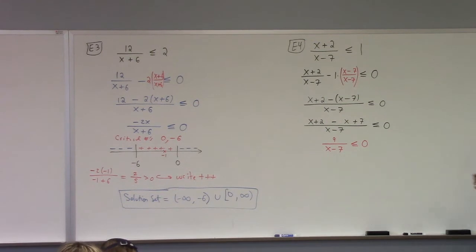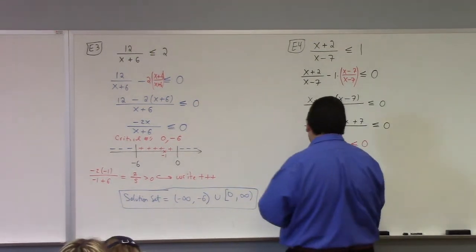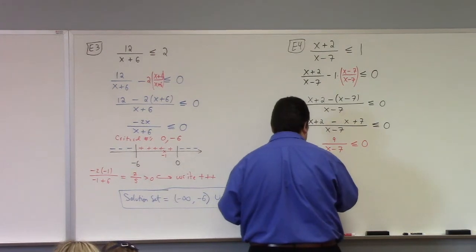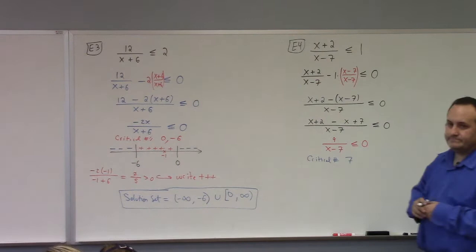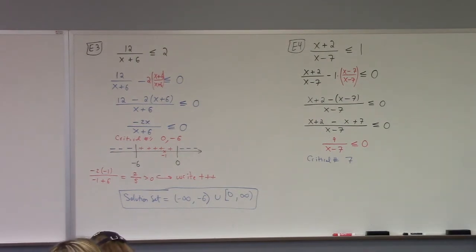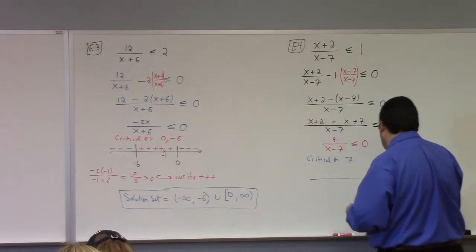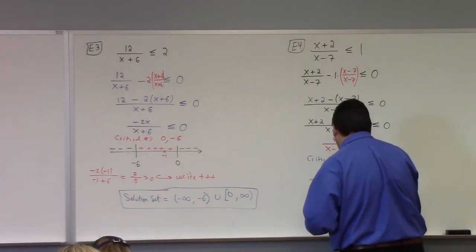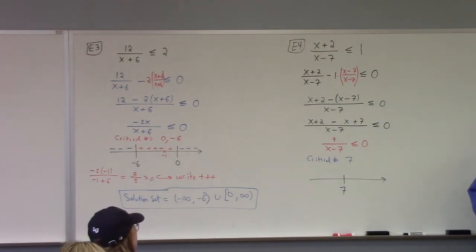So let's see here. The critical number is what? Yep, there's just one of them here. And so number line, put a 7 up in here. And you can plug in any point you like.